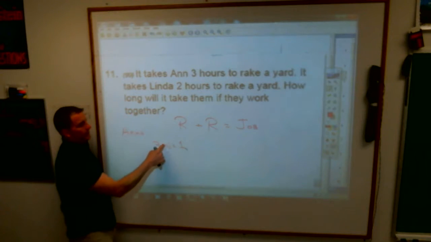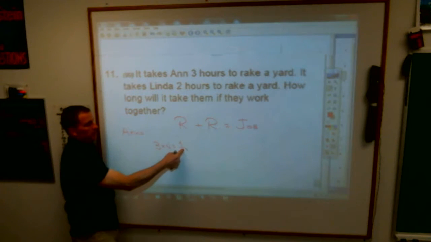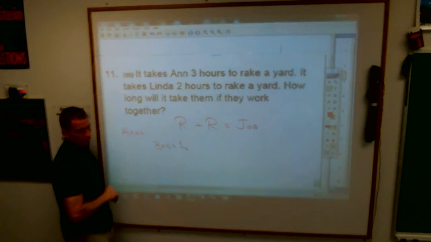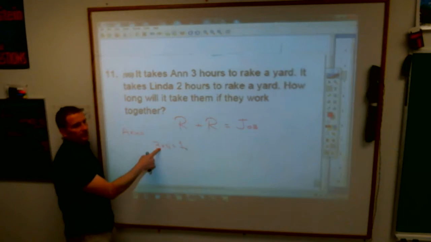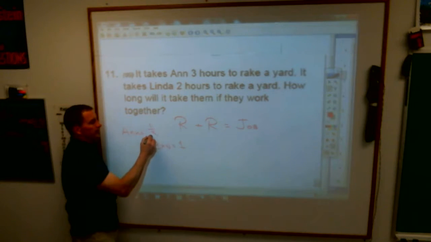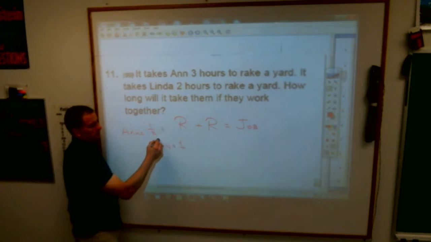This is time times rate equals how many jobs you get done. What is her rate? How fast is she doing this? If I was solving for the letter N, what would I do? We should have had a whole section on this first. What is a rate column? Yes, Ann can do 1/3 of a job per hour. That's her rate.